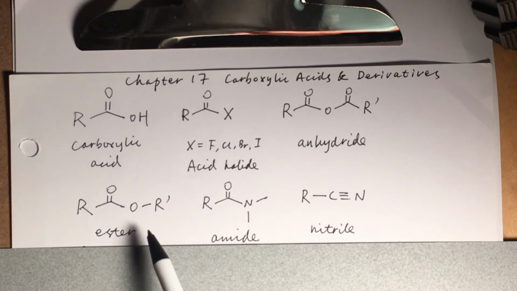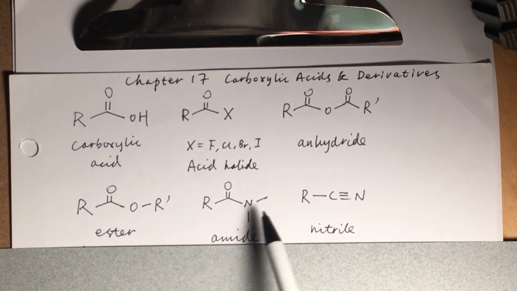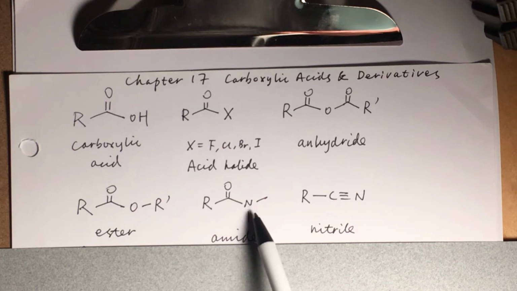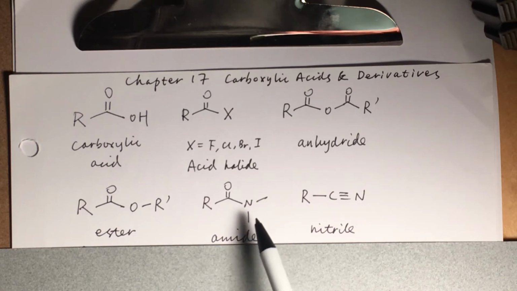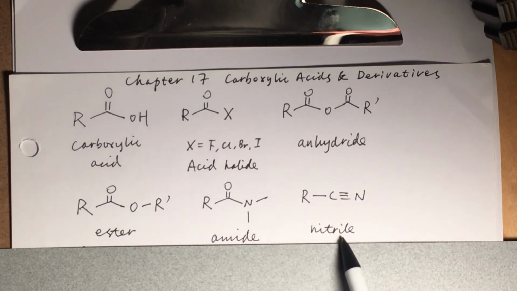Substituting the alkoxy group with an amine group, we get the amide. Here the nitrogen could bond to hydrogens or alkyl groups to give you primary and secondary amides. Another acid derivative is called nitrile.